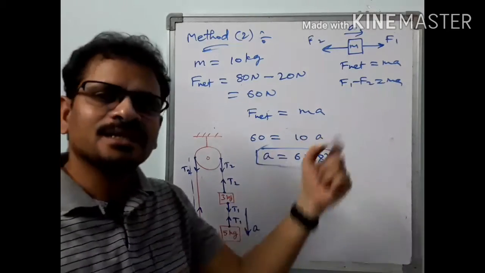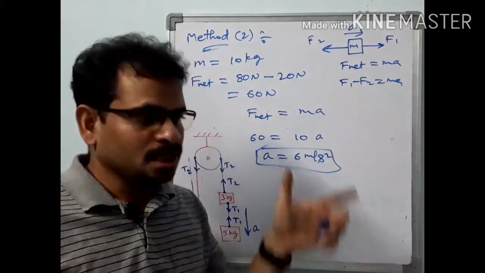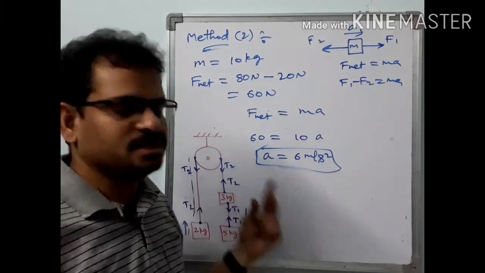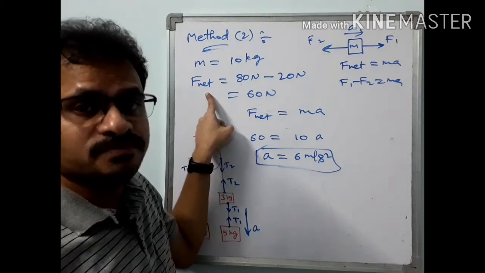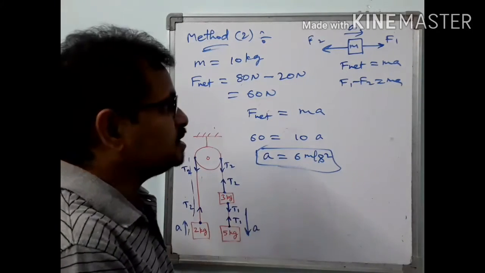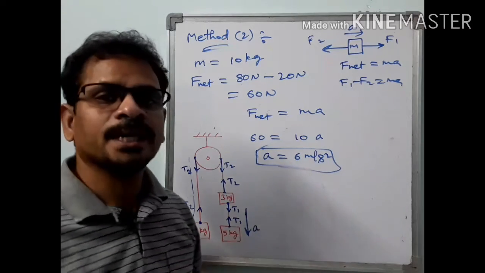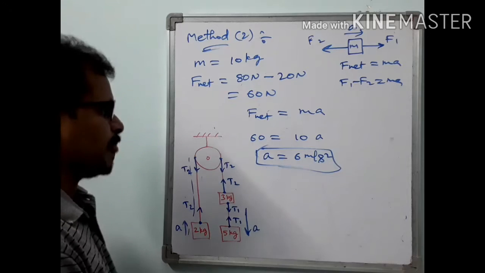This is very easy compared to that, no? There we considered 3 objects separately, made 3 mathematical equations, solved 2 equations and found a. Here it is simple: total mass, total net external force that is pulling the objects. F net equal to ma. Common acceleration a equals 6 meter per second square. How simple it is!